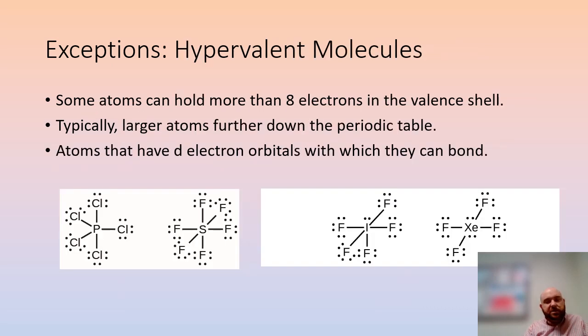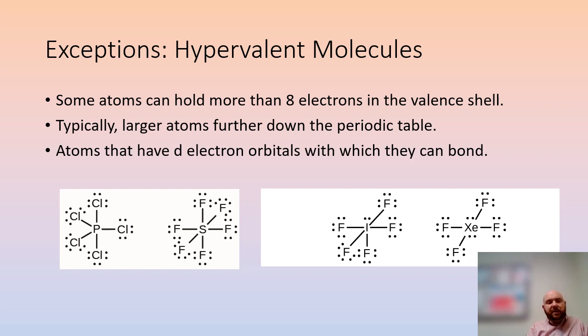Conversely to the electron deficient atoms, we do have some atoms that can show what we call hypervalency, meaning that they can fit more than 8 electrons in their valence shell. Typically, this happens with central atoms that are rather large. So things like phosphorus and sulfur and iodine and xenon that we see here are found further down the periodic table where we find our larger atoms.